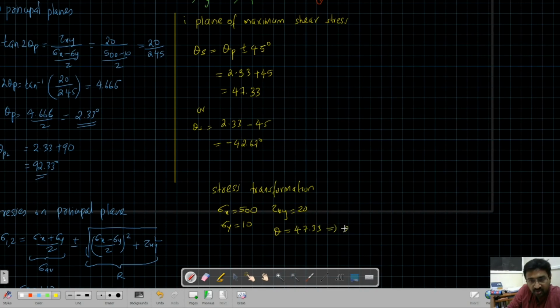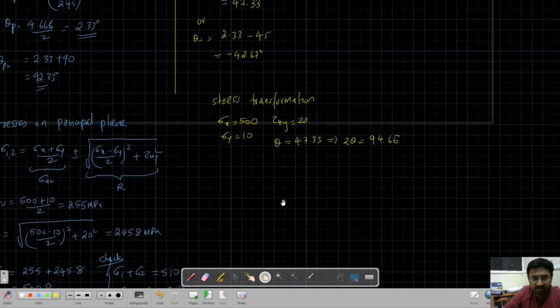So 2 theta will be equal to 94.66. So this is one angle that we can consider. Let's see what we are going to get.